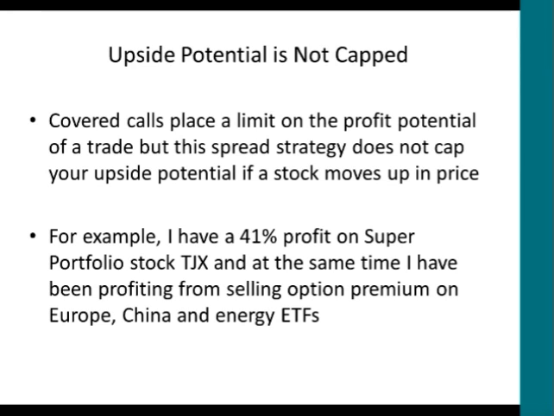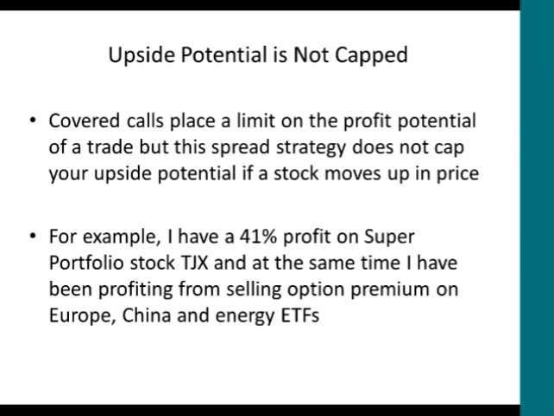So, for example, I have a 41% profit right now in super portfolio stock TJ Maxx, symbol TJX. And I have a 41% profit, but at the same time I've been profiting from selling option premium against this super portfolio stock on the Europe, China, and energy ETFs.